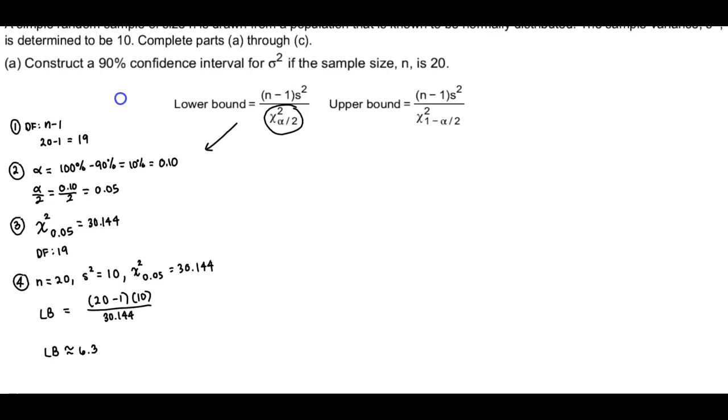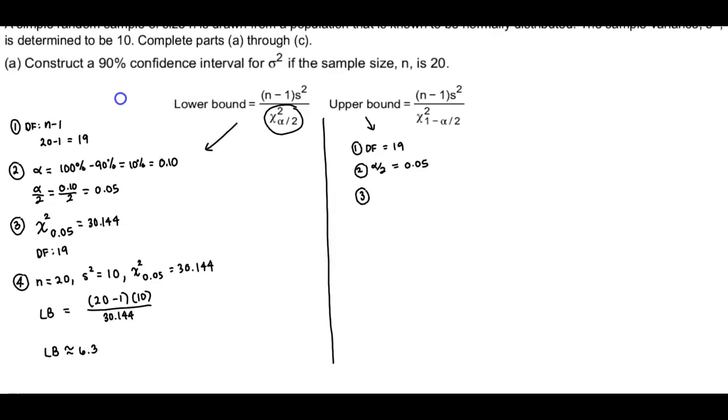Now we're going to find the upper bound. We already know that the degrees of freedom is 19 and that alpha divided by 2 is 0.05.